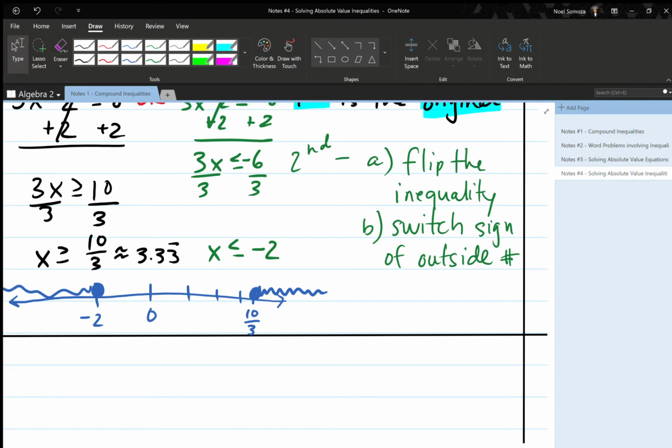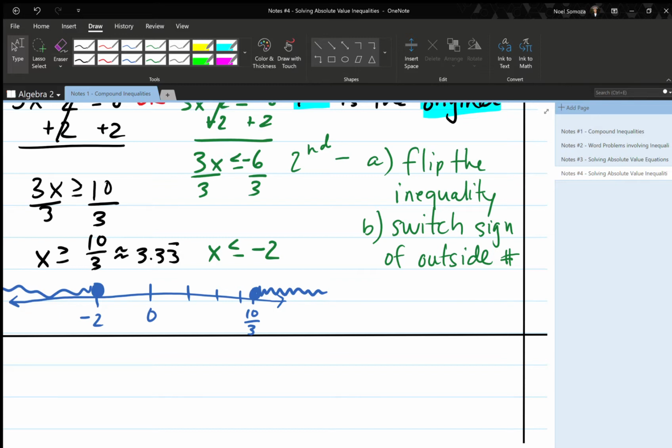Ah, almost. Yes, sir. Where is it? Okay, and how do you connect them? What symbol do you use? Is that a bracket or parentheses?